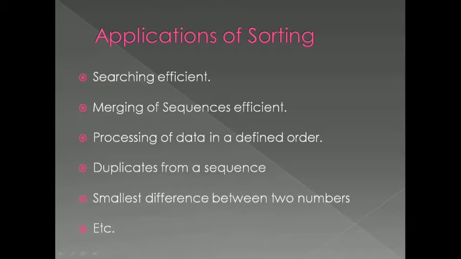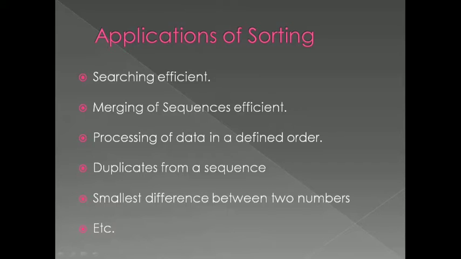Then, for example, we want to process something in a defined order. Like earlier, when we understood what sorting is, we had balls of different colors, and we wanted to first process blue balls, then red balls, then green balls. This is the defined order, and if we sort them, then we can do this. For example, if we want the duplicates from a sequence, it is always good to sort the sequence, because with a sorted sequence it's easy to find the duplicates.